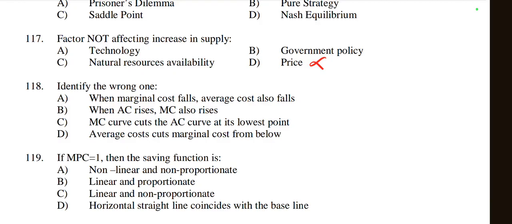So changes in supply are influenced by factors such as technology, government policy, natural resources availability. Price changes cause movement along the supply curve, meaning changes in the quantity supplied, but they don't shift the supply curve itself. So the factor not affecting increase in supply is price.